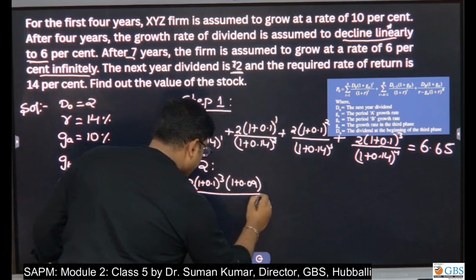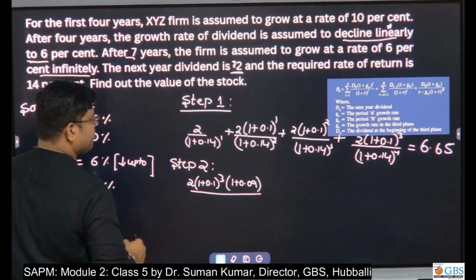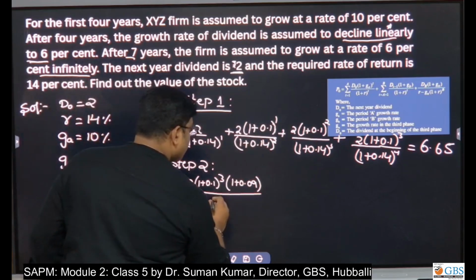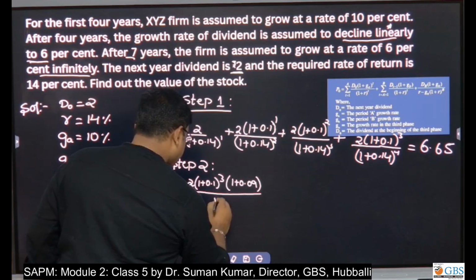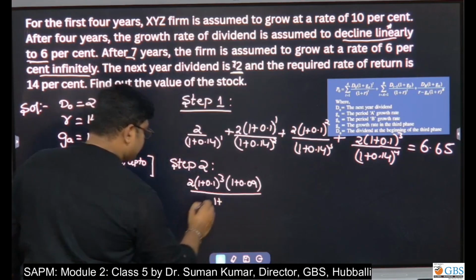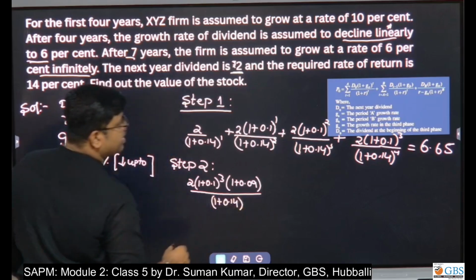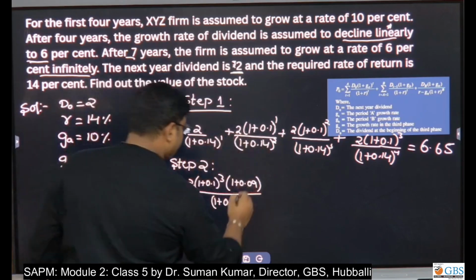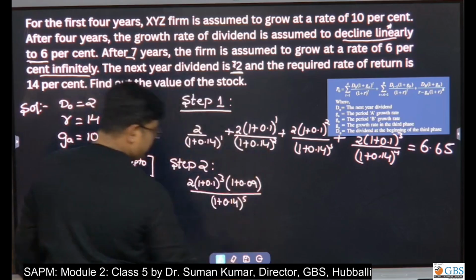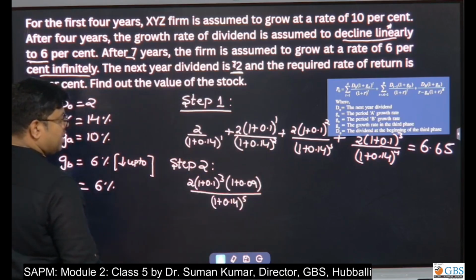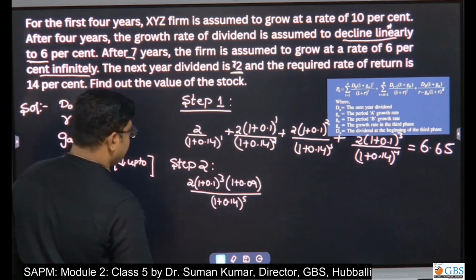Then divided by 1 plus r, that is 14%. This is which year? To the power of 1, 2, 3, 4, fifth year. Listen carefully, try to understand.